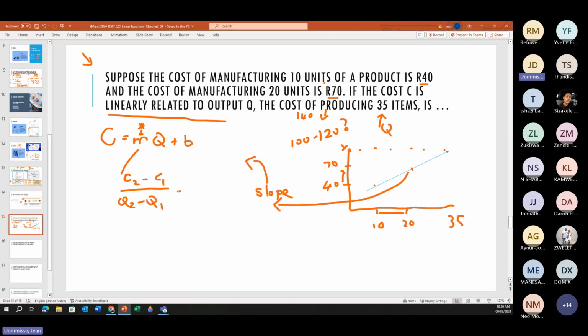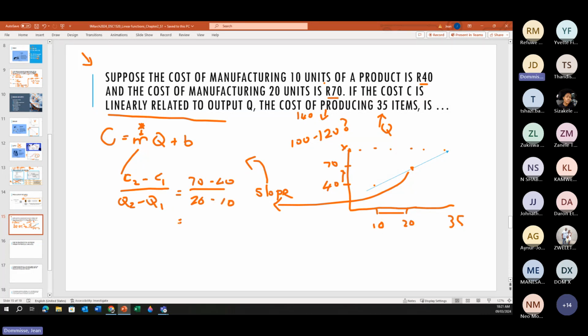Okay, so what's the difference in the cost? If we look at that point, the cost is 70. What I'm going to do is for the quantity also, so that we at least work with the same. The quantity is 20. If I look at the second point, cost is 40, and the quantity is 10.